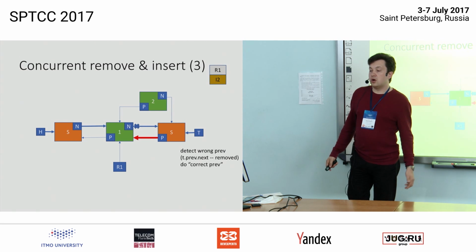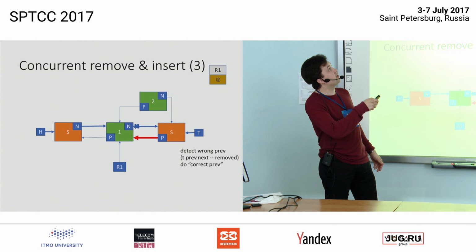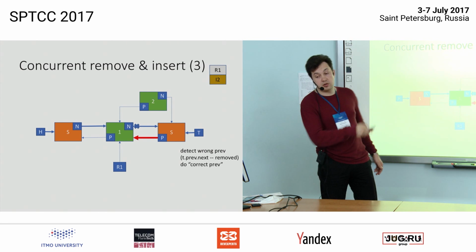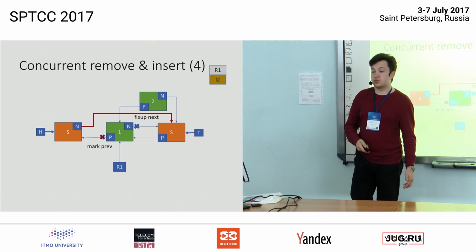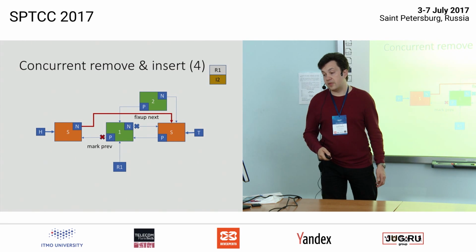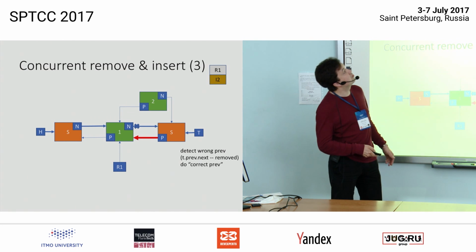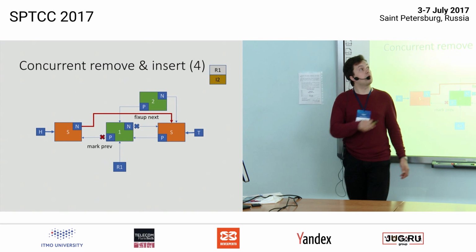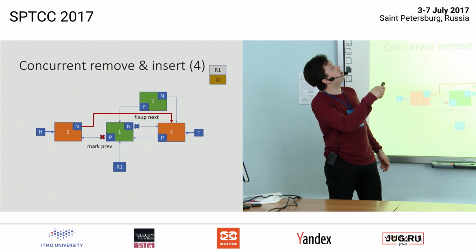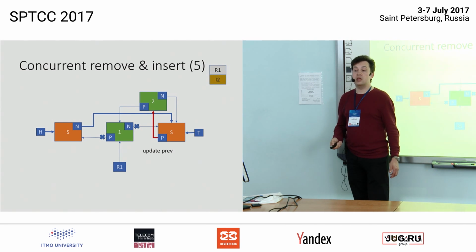And then the inserter will retry, but when it's retrying, it will see, oh my god, something is wrong. The previous node points here, but it's removed. Because it sees it removed, it will launch, not correct previous, but the help-remove procedure that will finish marking this previous record, work around next, and then update previous, and that's it.